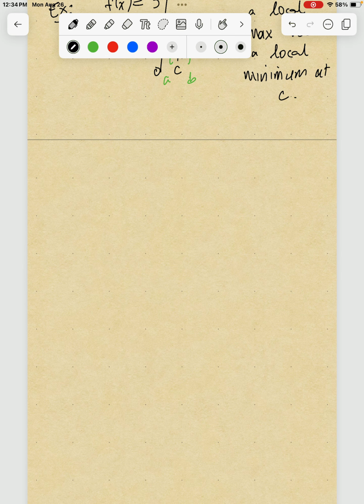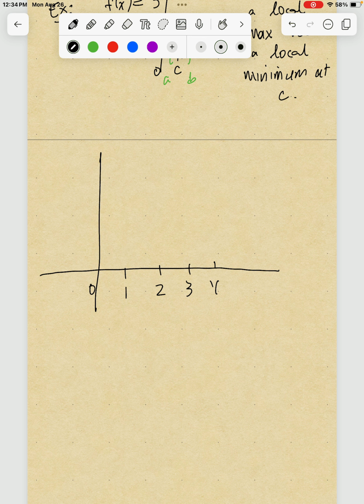Okay, let's look at an example comparing absolute maxima and local maxima and minima. So let's say that you had this function, kind of make it kind of big, like this.